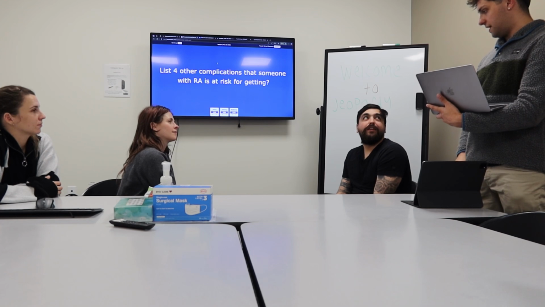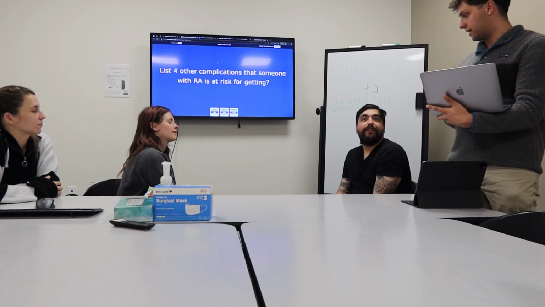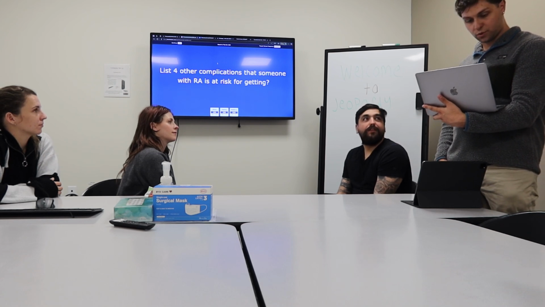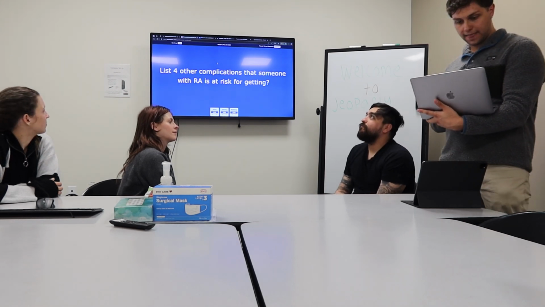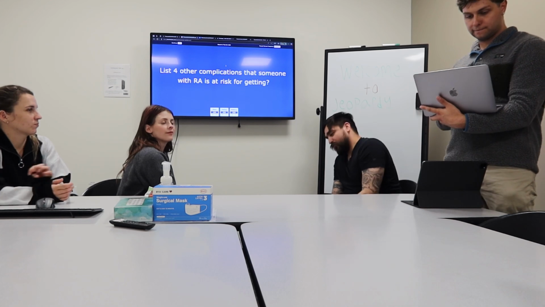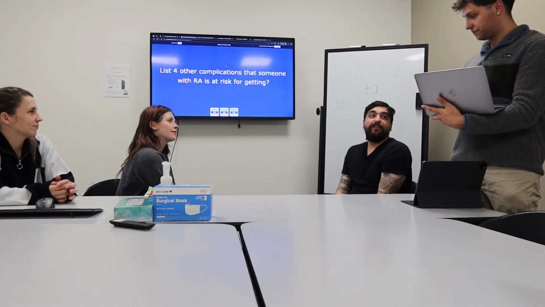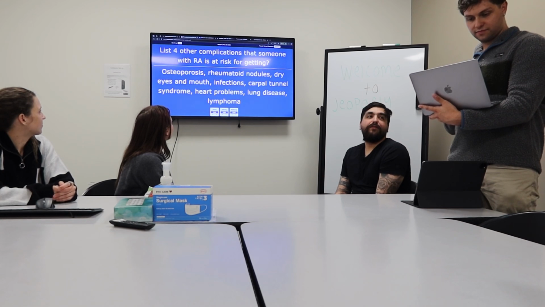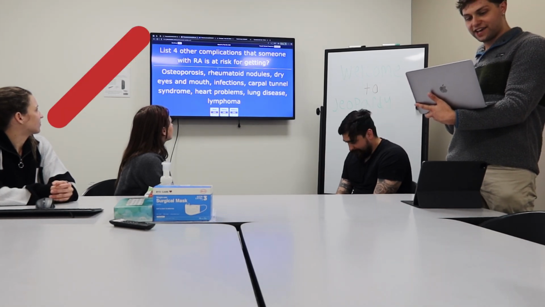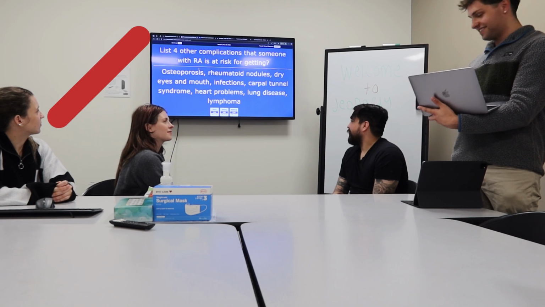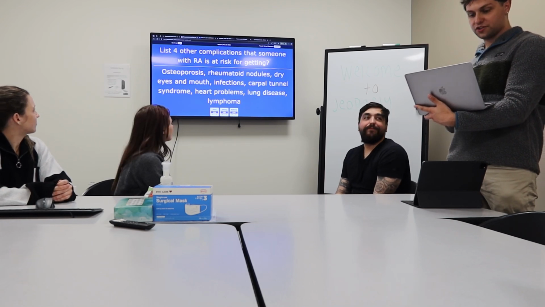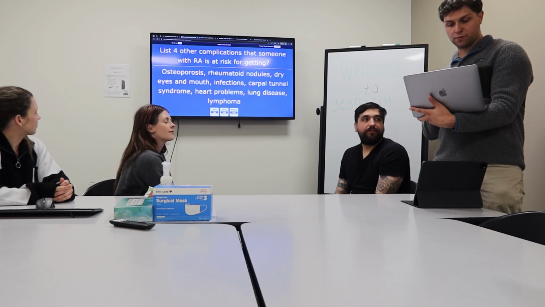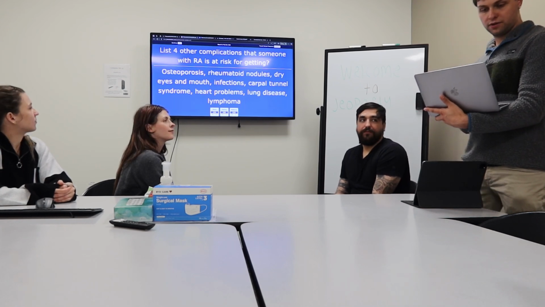Immobility. Think of other diseases that RA could lead to. And osteoporosis. That's one. Osteoarthritis. Incorrect. But you did get osteoporosis. So it also causes rheumatoid nodules, dry eyes and mouth, infections, carpal tunnel syndrome, heart problems, lung disease, and lymphoma.